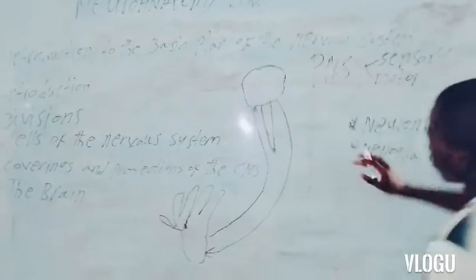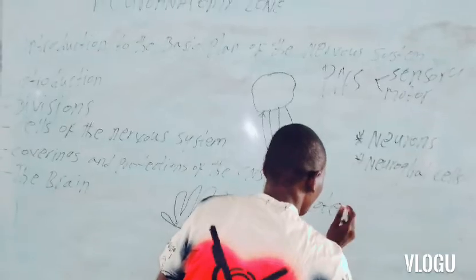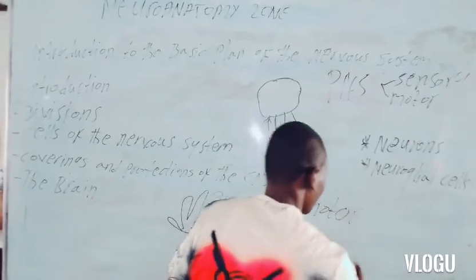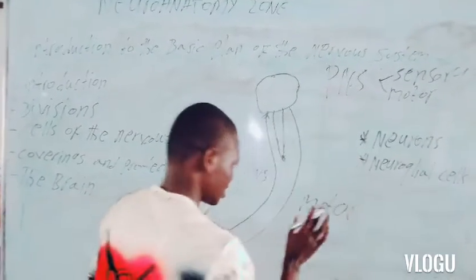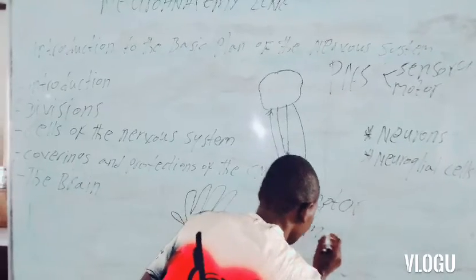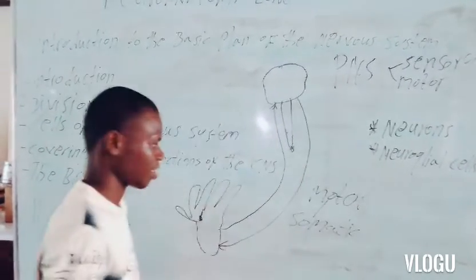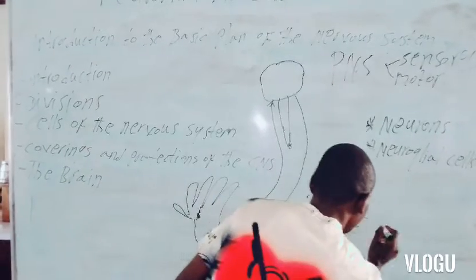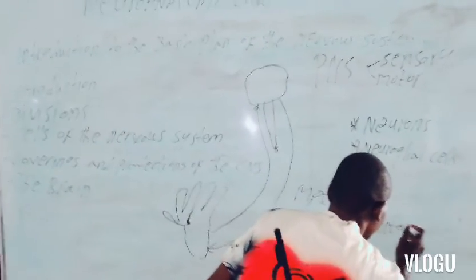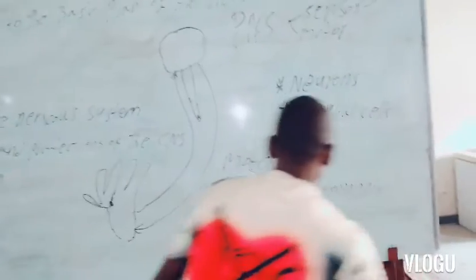Now, the motor aspect of the peripheral nervous system can be divided into the somatic nervous system and the autonomic nervous system.